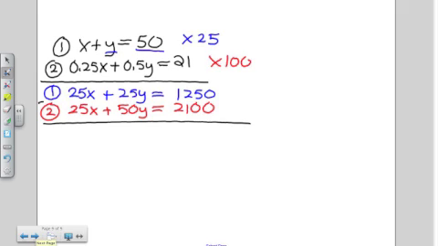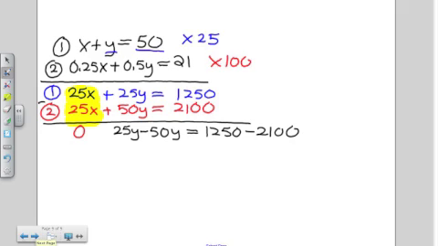Now I have my equation number 1 and equation number 2. I can subtract those two equations to eliminate my x terms, so the 25x and the 25x subtract, and I will have 0. Now I have to subtract the other columns as well. 25y minus 50y is equal to 1,250 minus 2,100.